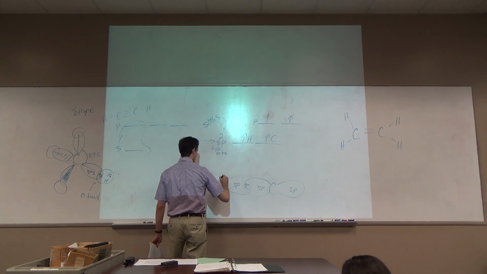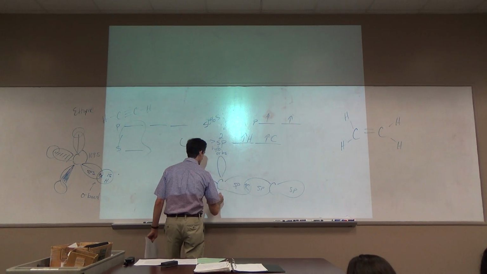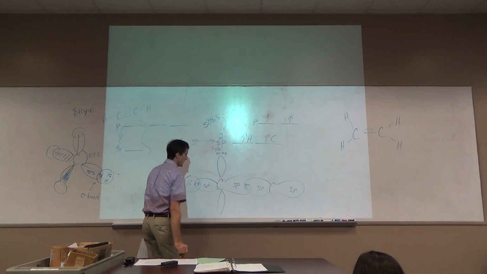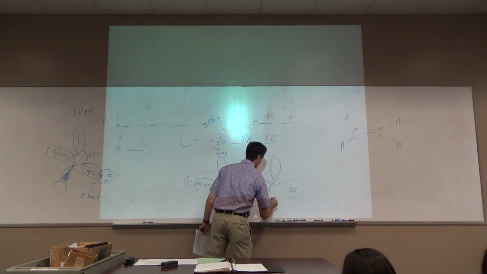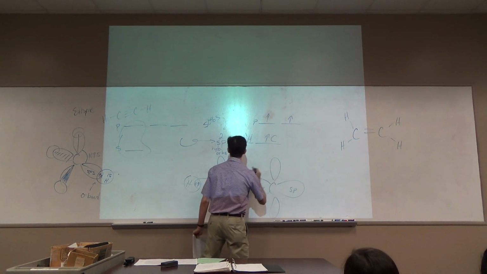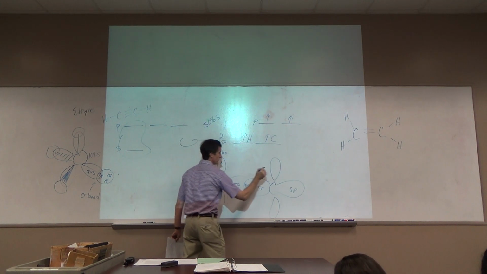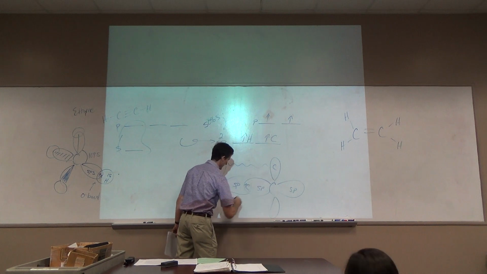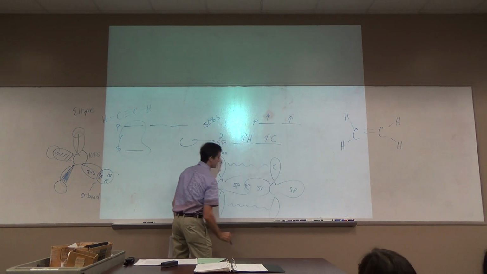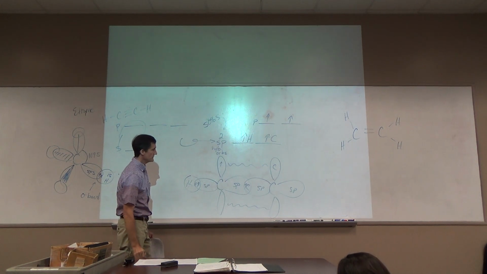Not 1, but 2 p orbitals. There's 1. Well, this other one also has that 1. 1 electron from carbon, 1 electron from the other carbon. This interacts to make what? Side to side. Pi bond.